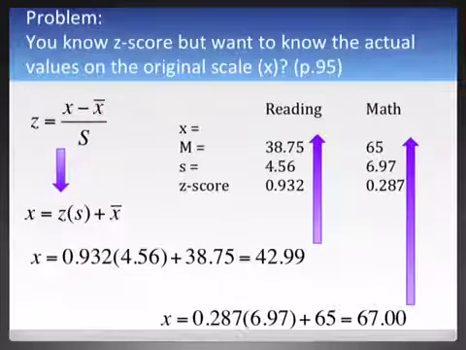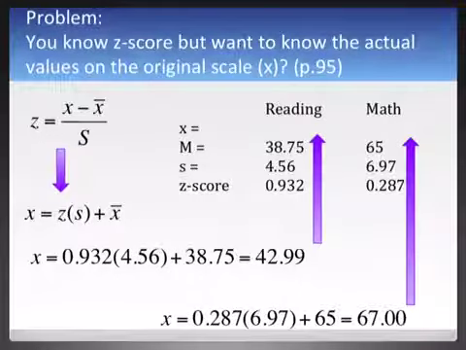Now, what happens if you know the z-score, but you want to know the actual value on the original scale? What we would do is modify our formula, just move the terms around so that the x, the original score, becomes our variable on the left, and we have all the known variables on the right.